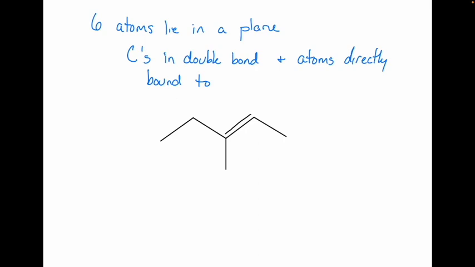I have my 2 carbons on either side of my double bond, and then the atoms that they're directly bound to, so that'd be this carbon here and this carbon here. But that's only 5. What's my 6th atom that lies in this plane? The implicit hydrogen, absolutely. There's this hydrogen sticking off right here that's implied, that is also in that plane.